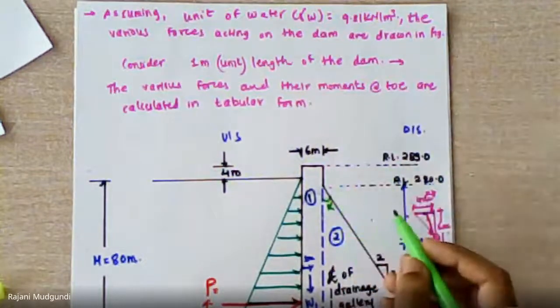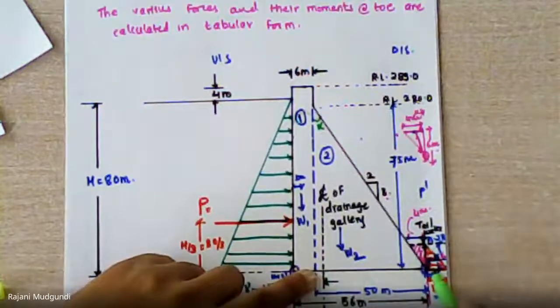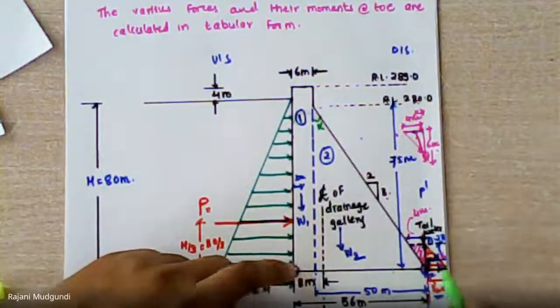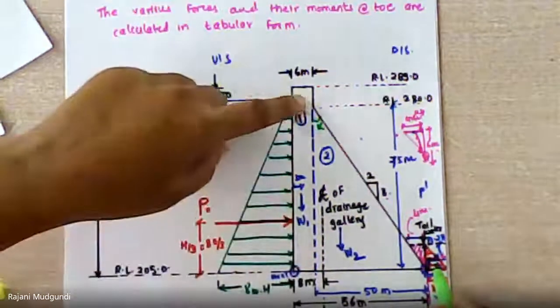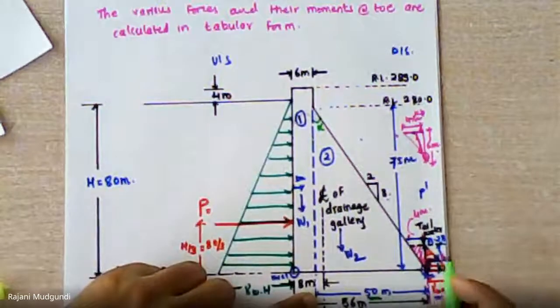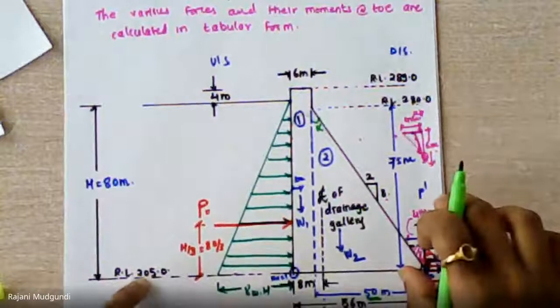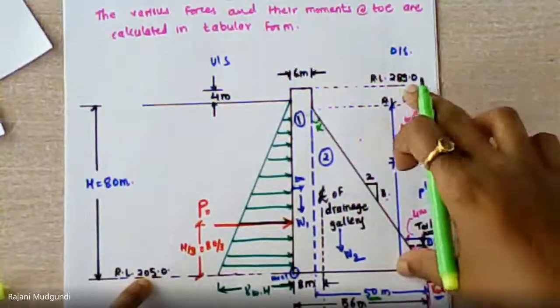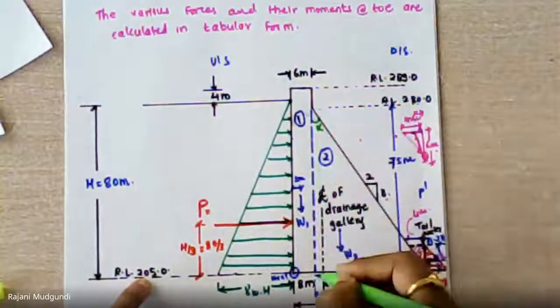So tan alpha, if you can observe over here, the total horizontal distance is 50 meters, whereas the vertical distance from RL 205 to 280, 75 meter, is the height of this triangle.